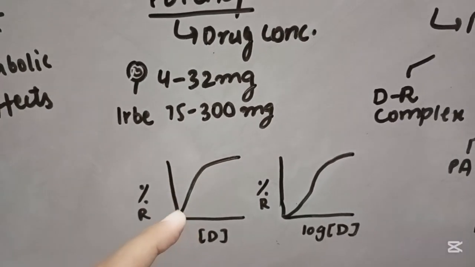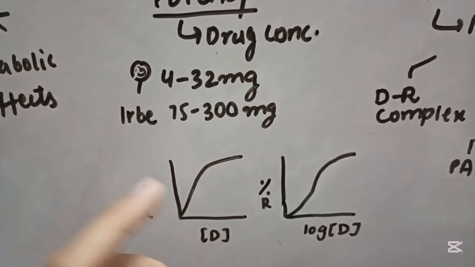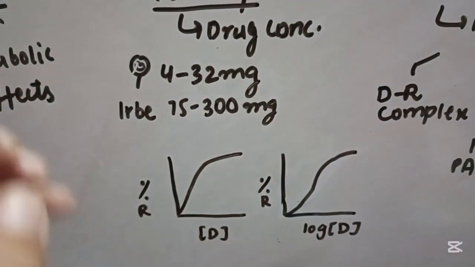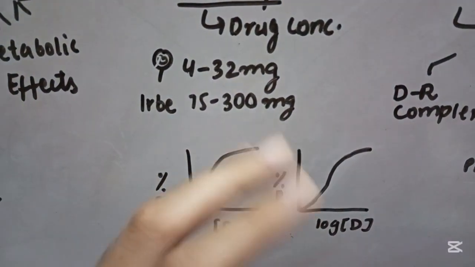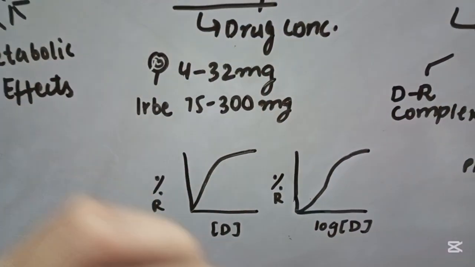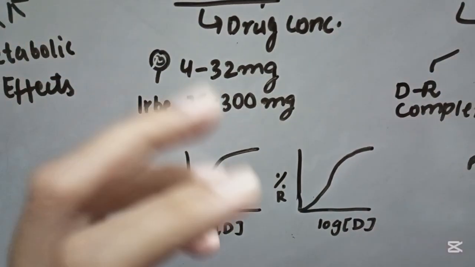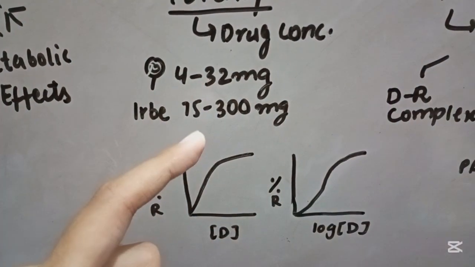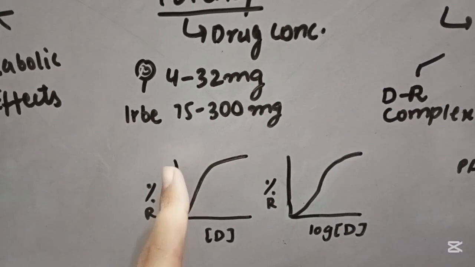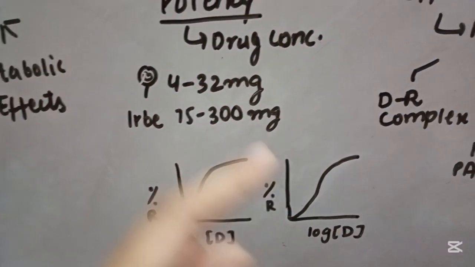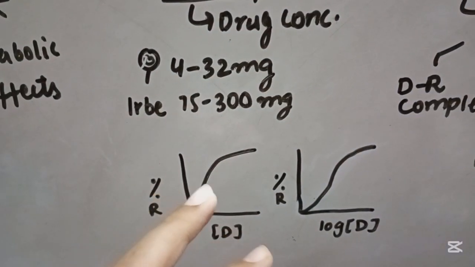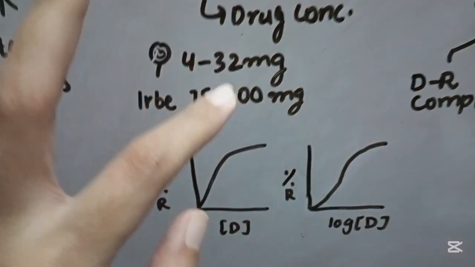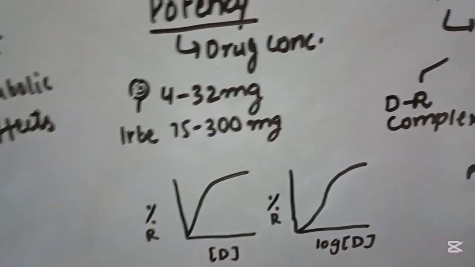In the initial stages there are far more free receptors, and the drug molecules come and bind with the receptors, and there is a sudden steep response. But with time the receptors are occupied and fewer free receptors are present, so the response flattens. Here you can see this is the maximum response, known as Emax.